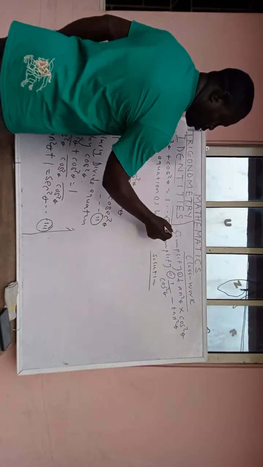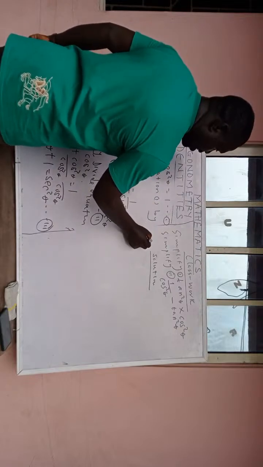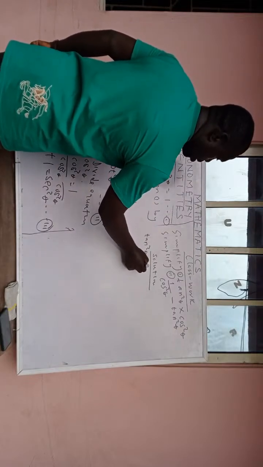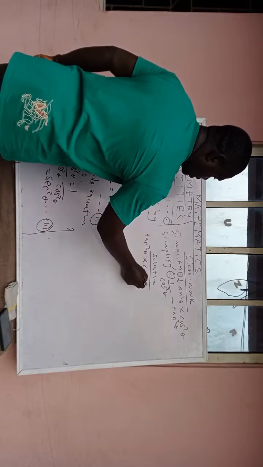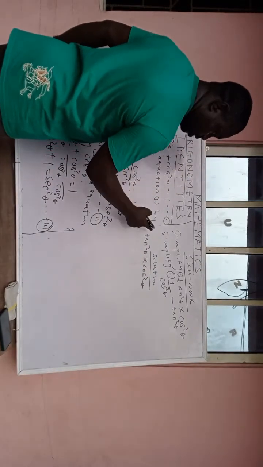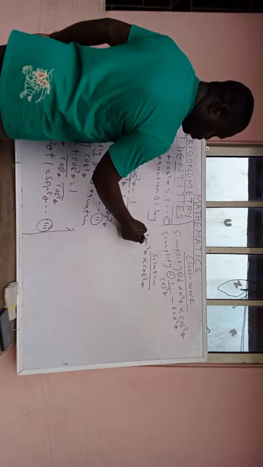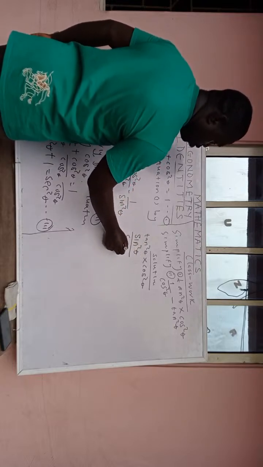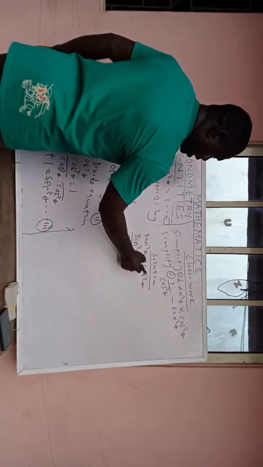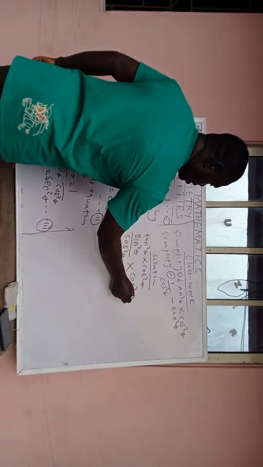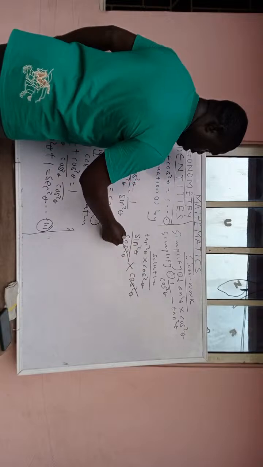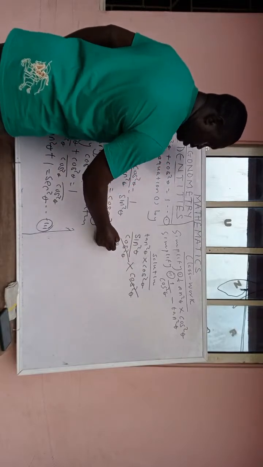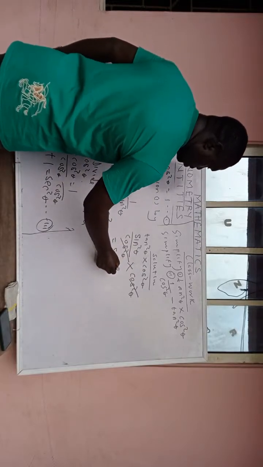So to solve this question, we have tan squared multiplied by cos theta. Now look at this. What do we know about tan? We know that tan is this over this. And then here you have this. You can cancel this. Yeah, that's allowed. And then you are left with this.